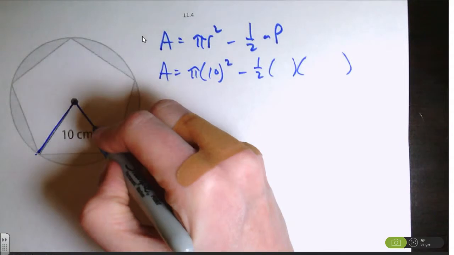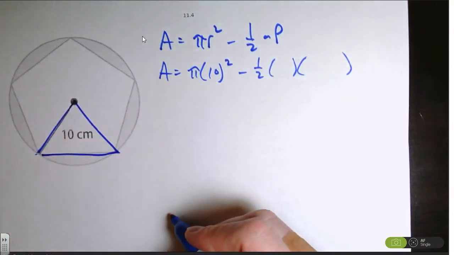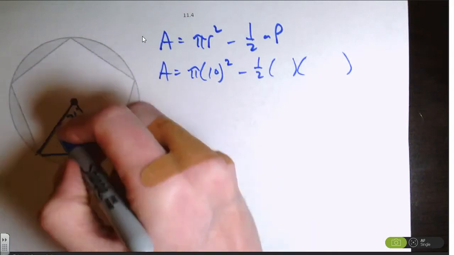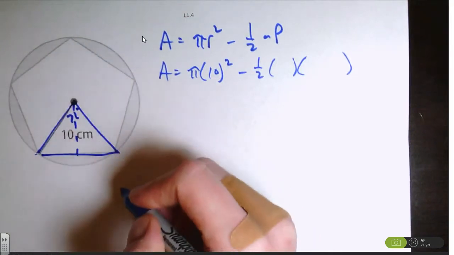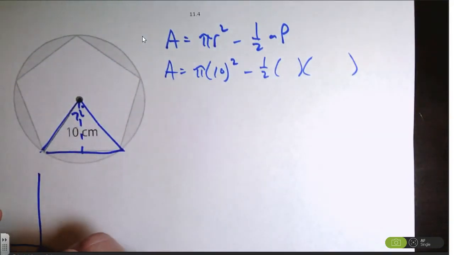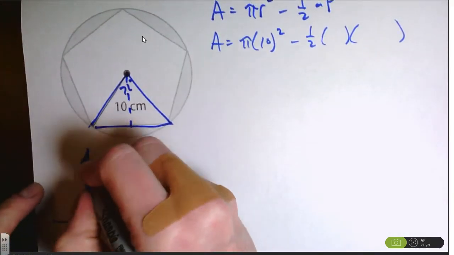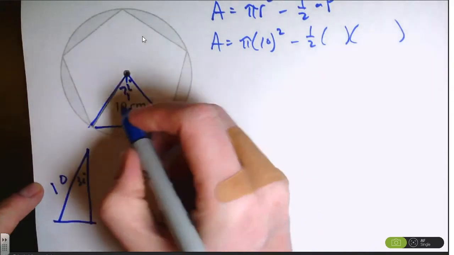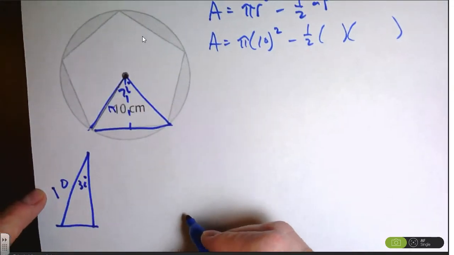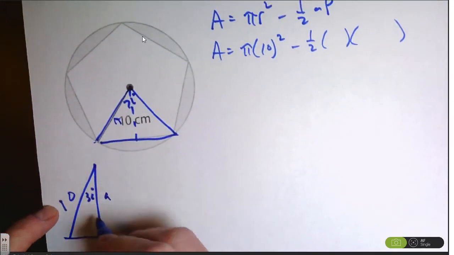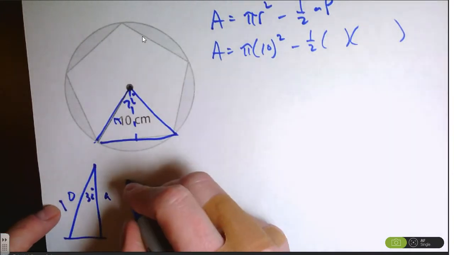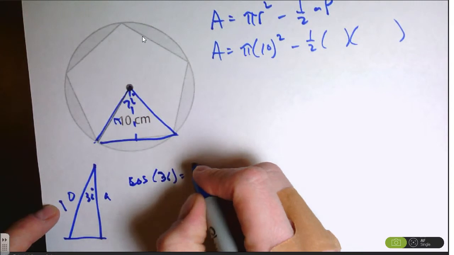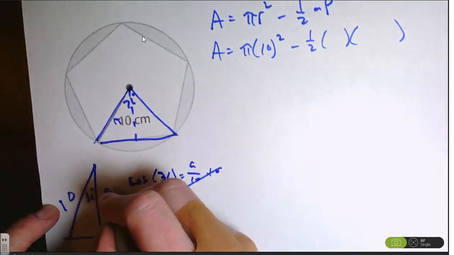So draw the triangle. There are 5 triangles, meaning it's 72 degrees. So split it in half. Meaning this is 36 degrees, and it's 10 for that length. So the apothem is the adjacent over the hypotenuse. So cosine of 36 equals a over 10, multiplied by 10.